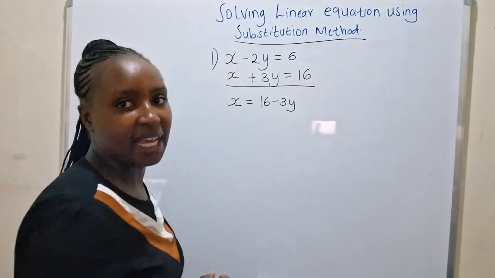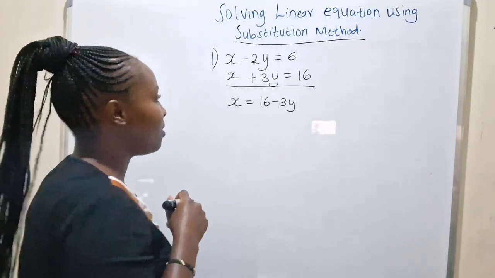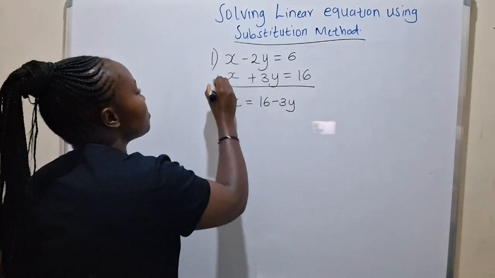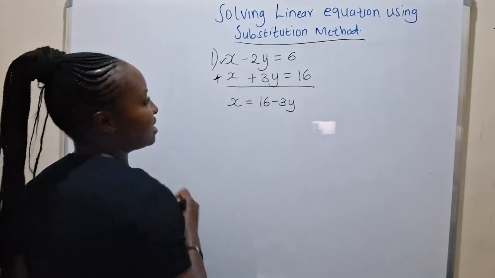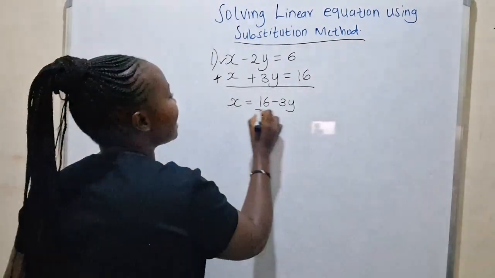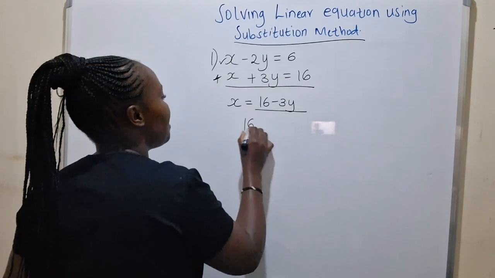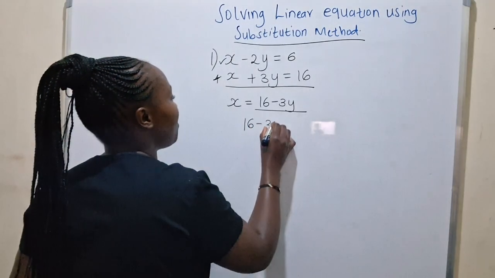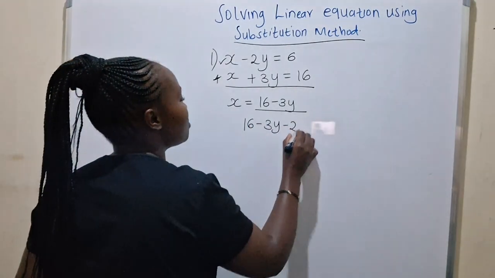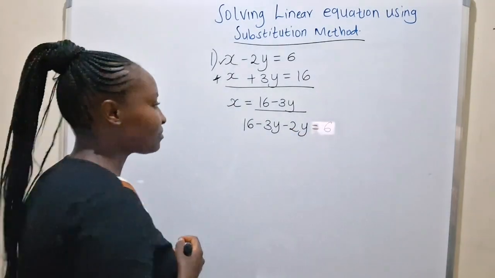So what do I do next? I use the equation that I did not use. So I will not use this one, I will use this. Where there is x, I replace it with this. And I will say that 16 minus 3y, you subtract 2y equals 6, right?